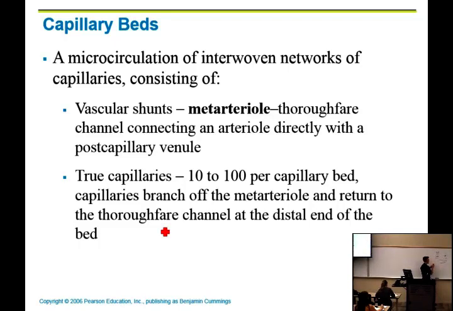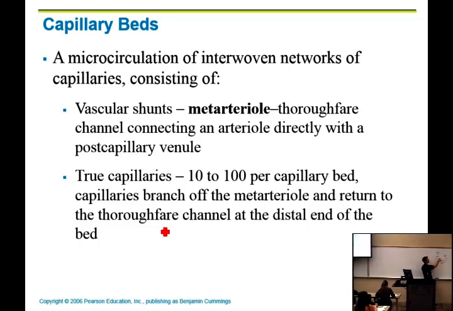So in truth, when we say that we're exchanging with the cells, if we get technical about it, there's actually a two-step process involved here. The cells will exchange across their plasma membrane to the interstitial fluid, to the surrounding extracellular fluid in the tissue.